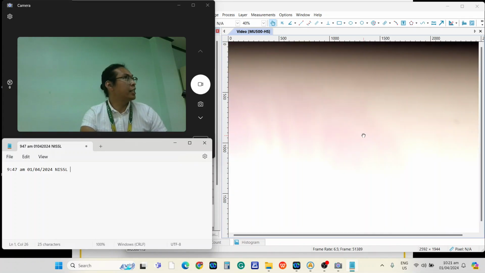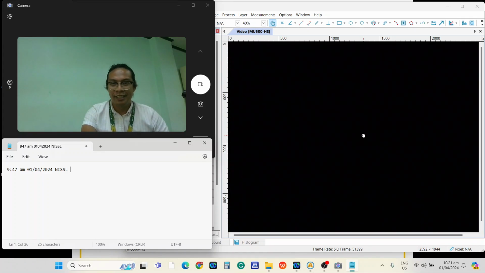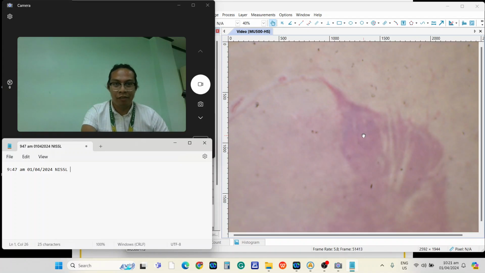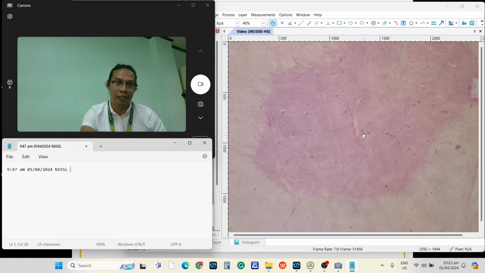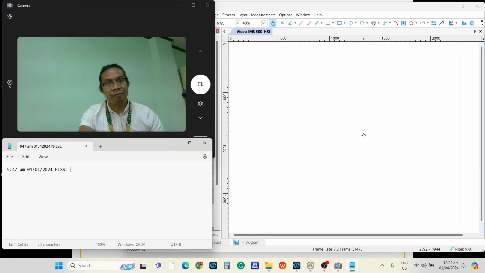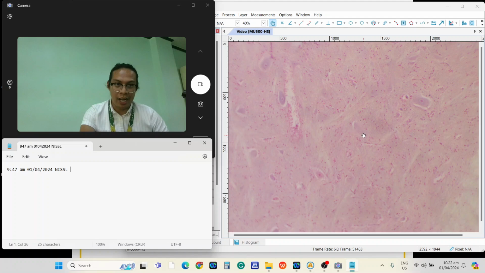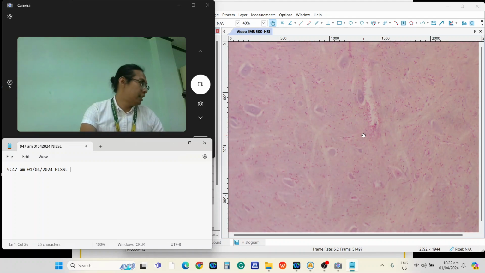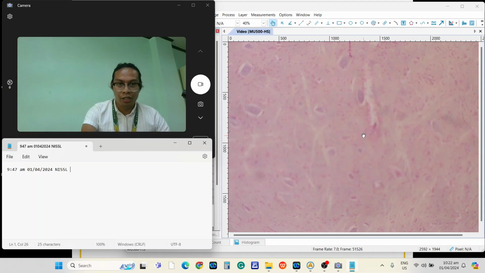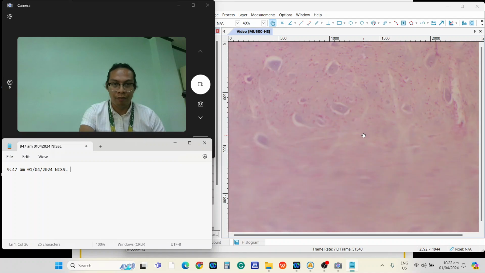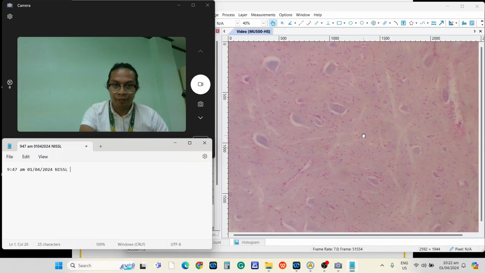Now, compare natin yan sa ventral horn. In the ventral horn of the spinal cord, ang lalaki ng neurons. So, these are large multipolar neurons. Appreciate nyo ba? Yan yung mga neurons ha.